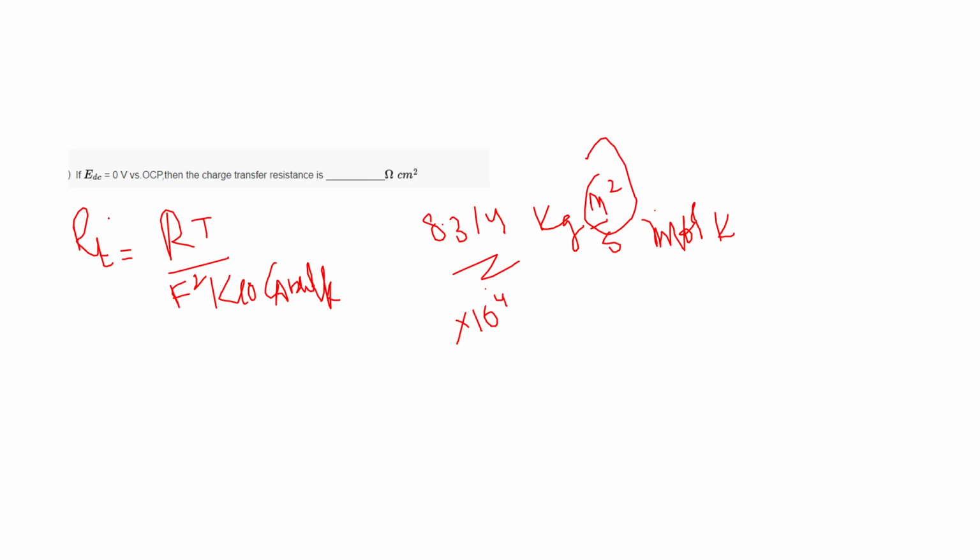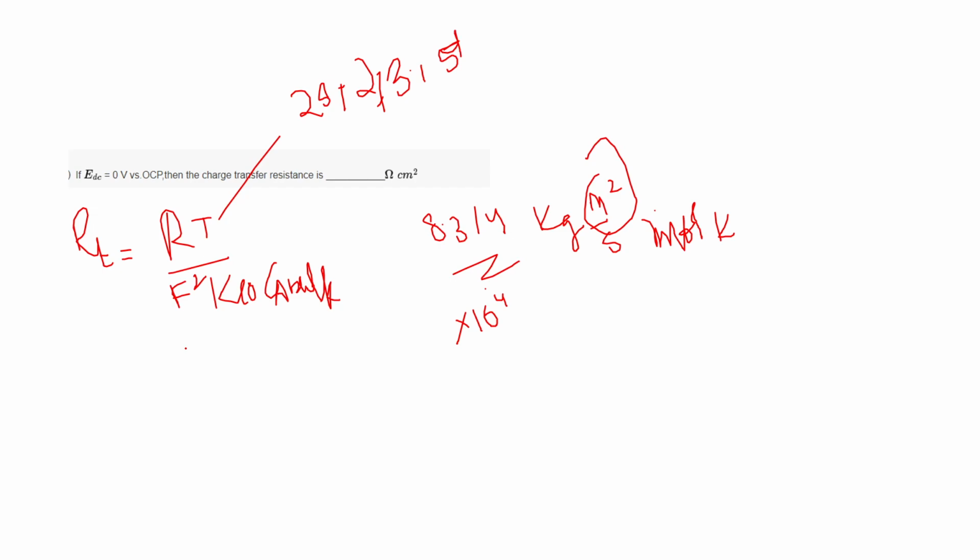T, the first part of the question itself says temperature is 25 degrees Celsius. So here it will be 25 plus 273.15. Now what will be F square?